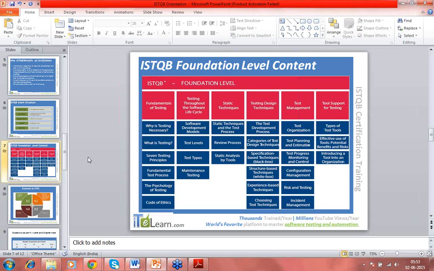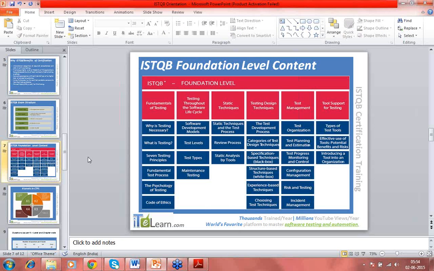Otherwise, you need to know what testing is, the different principles of testing, psychology of testing, code of ethics, etc. There are things related to black box and white box that we will cover under test design techniques, which are again very important. You will understand the review process, inspections, and things like that in static techniques.